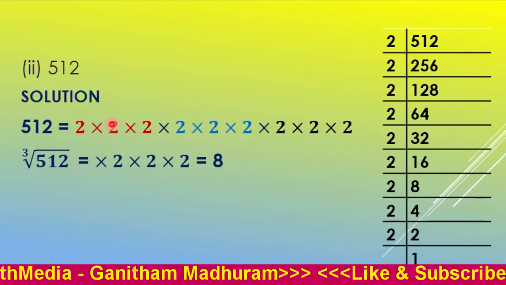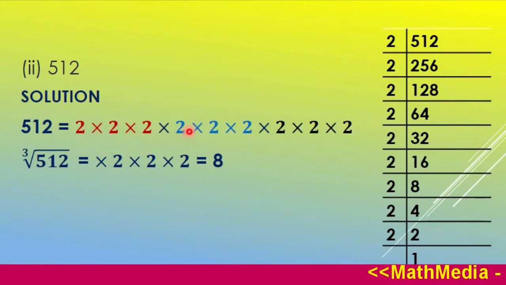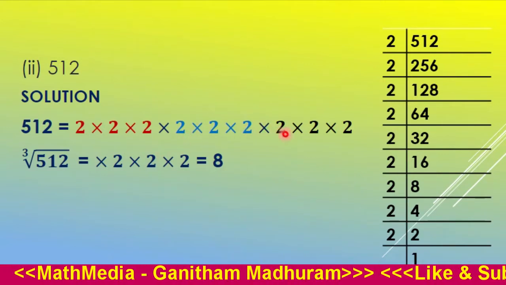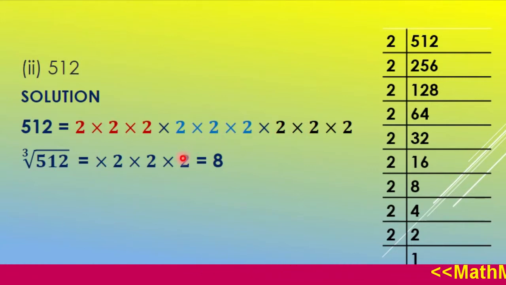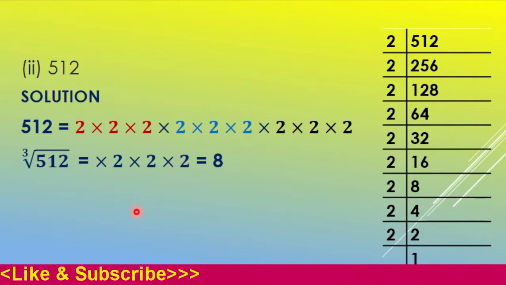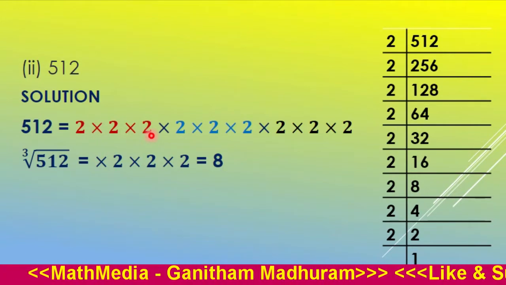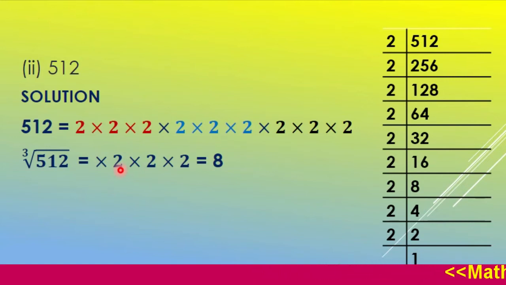So from the first group I am taking one number, that is 2, and from the second group I am taking the number again 2, and from the third group also I can take 2. That is, if I am taking a cube root, from 3 numbers of the same, we have to take one number outside.